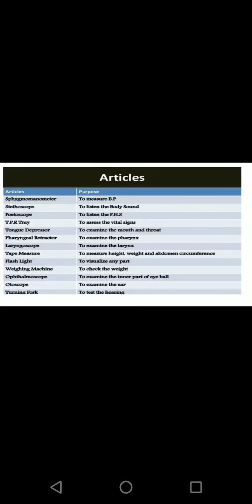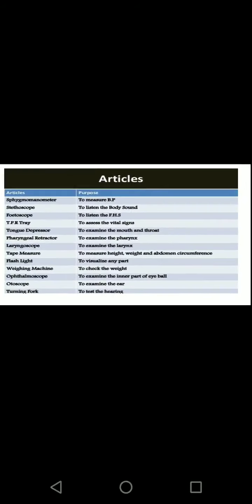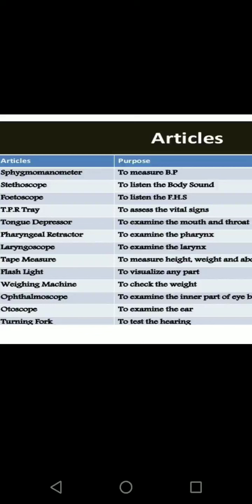These are the articles we are going to use in physical examination: sphygmomanometer, stethoscope, fetoscope, TPR tray, tongue depressor, pharyngeal retractor, laryngoscope, tape measure, flashlight, weighing machine, ophthalmoscope, otoscope, tuning fork.